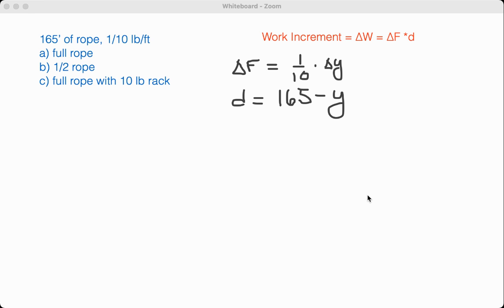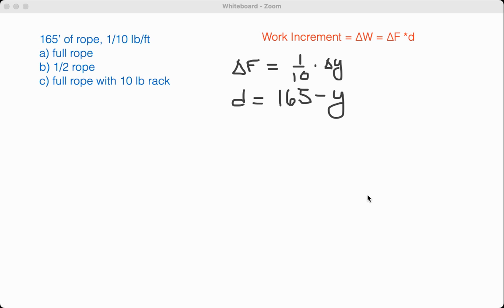That means if you're looking at a tiny little section of rope that's about 1 foot from the bottom, it actually has to travel 164 feet up to the top where it's being pulled up and coiled. If you're looking at a point that's somewhere in the middle, it only has to travel 82 and a half feet. The distance that it is moving up is equal to the total length minus y.